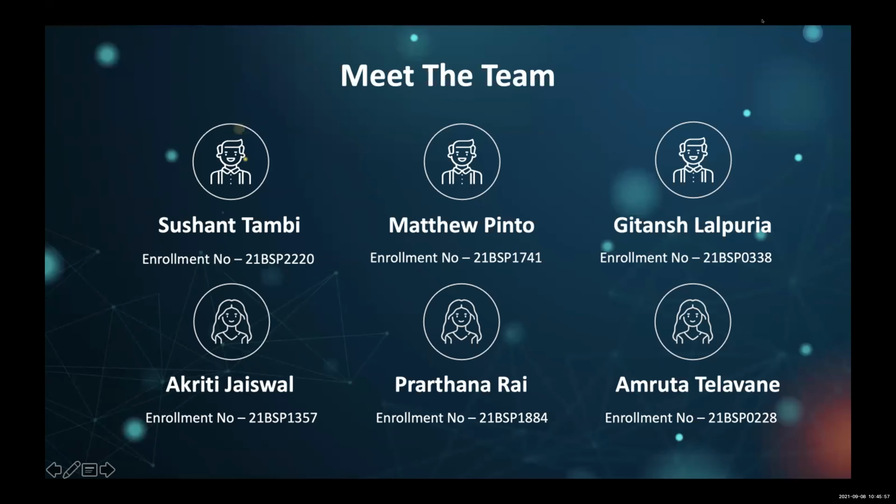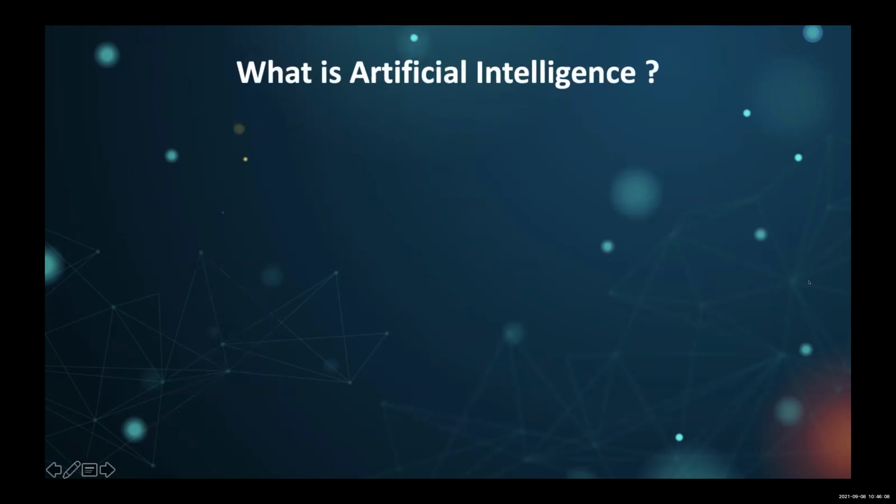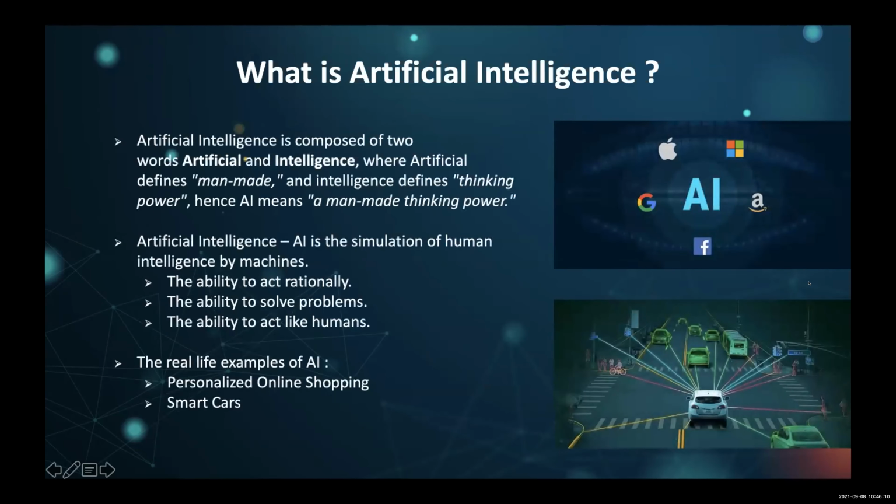Now, what exactly is artificial intelligence? It consists of 2 words. One is artificial, second is intelligence. Artificial means something which is man-made, and intelligence means thinking power. So together we can say artificial intelligence is a man-made thinking power.